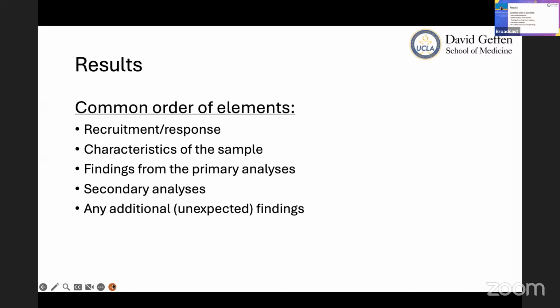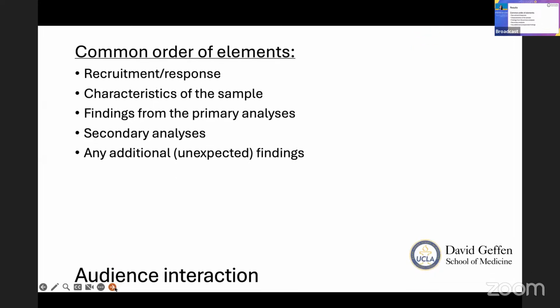Findings from the primary analysis: what was the primary outcome? What did you analyze? What did you get out of it? Then what were the secondary outcomes that you were trying to go through? What is the secondary analysis that you did? And then any additional or unexpected findings that you got. That's how the results section should be divided.